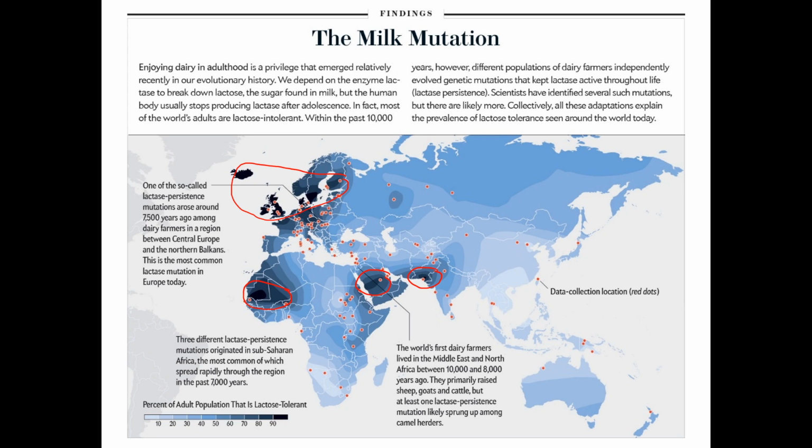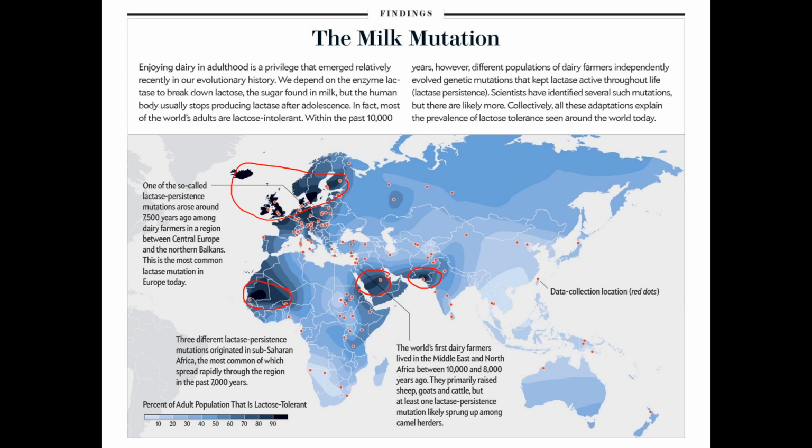And this was associated with areas where cows or goats or sheep were raised, and people had access to this new food source. Having this mutation then gave them an advantage because they'd have more nutrients available later on in life. And that spread through the population as those individuals reproduced and survived better.